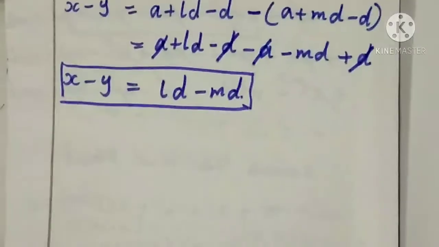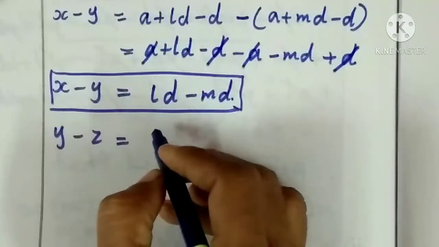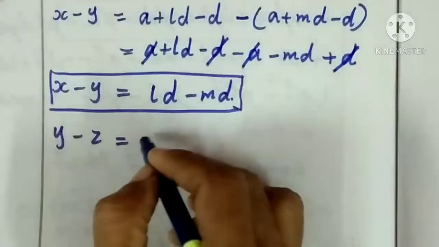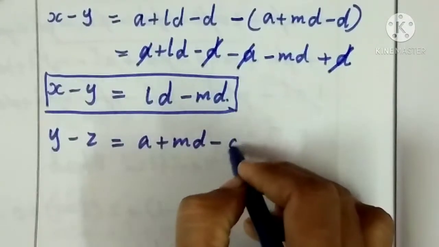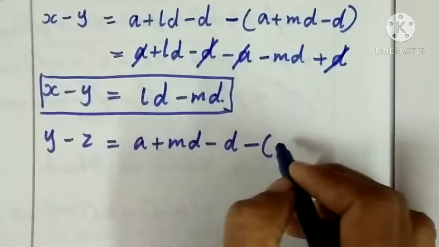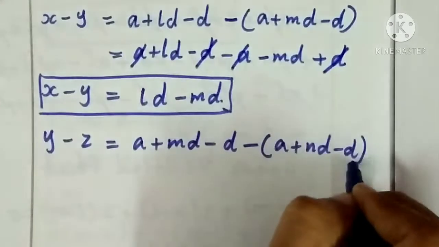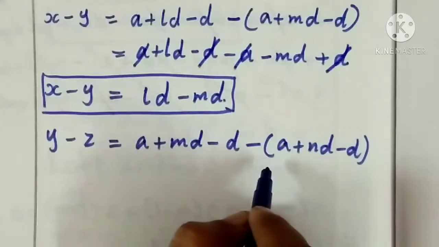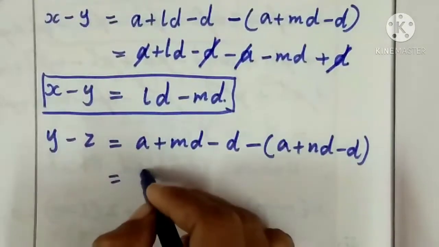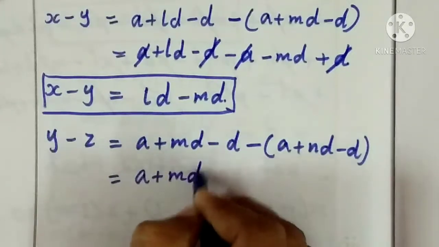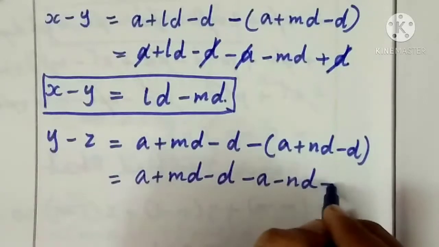Then next you have to find y minus z, that is second equation, y equation a plus md minus d minus of z equation a plus nd minus d. Now you have to remove this bracket, means we get a plus md minus d minus a minus nd plus d.